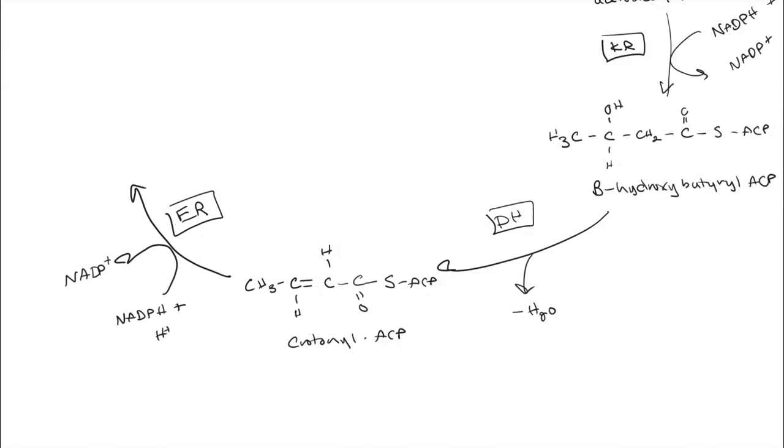And this is going to give us our butyryl ACP, which is butyryl for butane, 4 carbon, 1, 2, 3, 4 carbon chain.